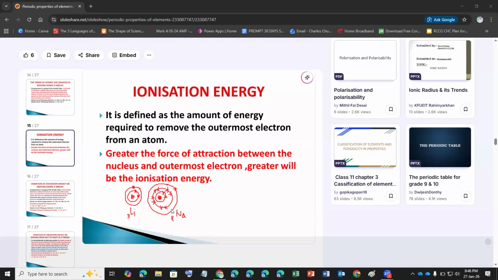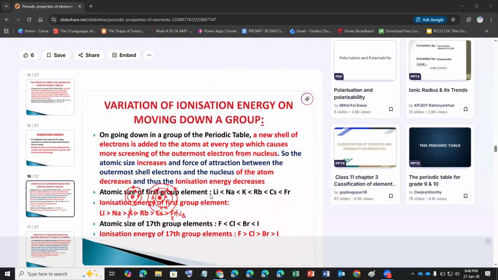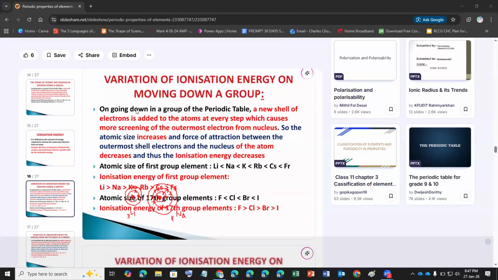So in other words, it means that down a group, as atomic size increases, ionization energy will reduce. Does that make sense? So that's what we're expecting to happen. And if you check it, that is the trend. On going down a group in the periodic table, a new shell of electrons is added. That's what I just explained, but without my diagram.